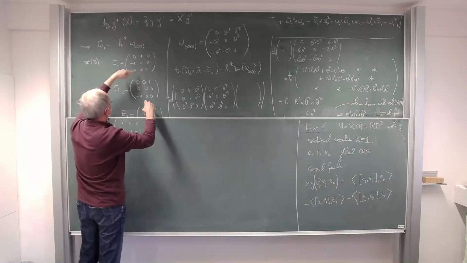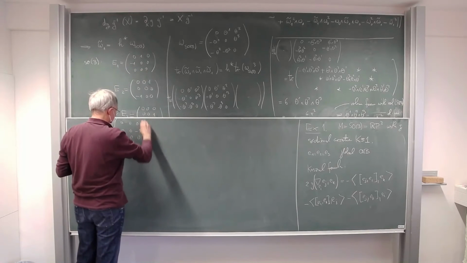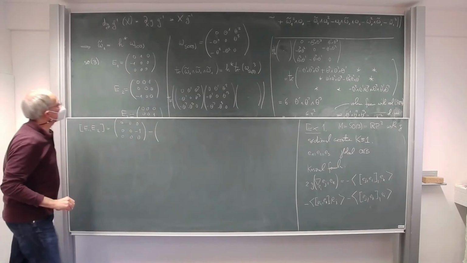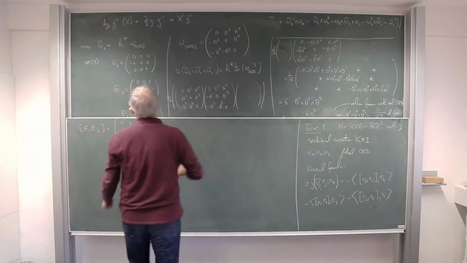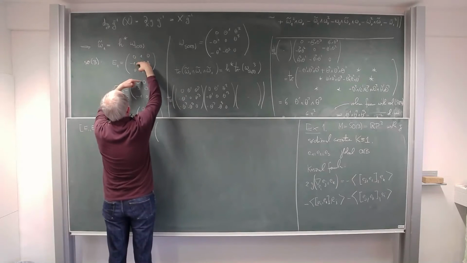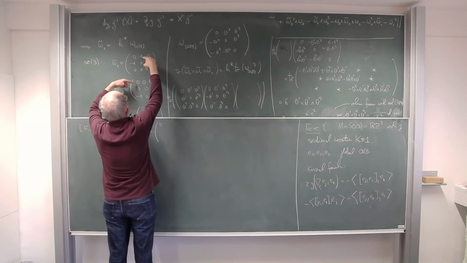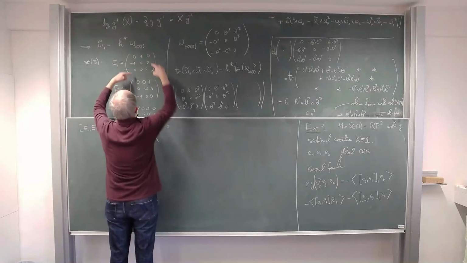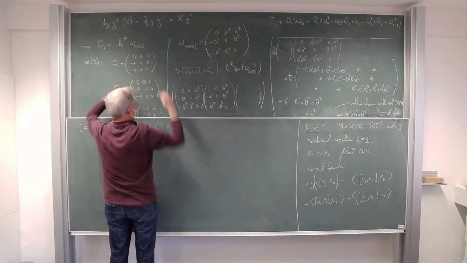And finally 0, this gives me all zeros. If I do it the other way around, okay, now it's going to be complicated. 0, 0, 0, 0, 0, 0, zeros.